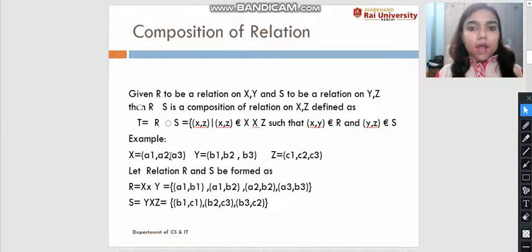Here I have defined two relations, one is R and another is S. Let R be a relation in which the elements of the universe X are mapped to the elements of universe Y, and S is a separate relation in which the elements of the universe Y are mapped to the universe Z. Here X, Y, Z are three different sets.